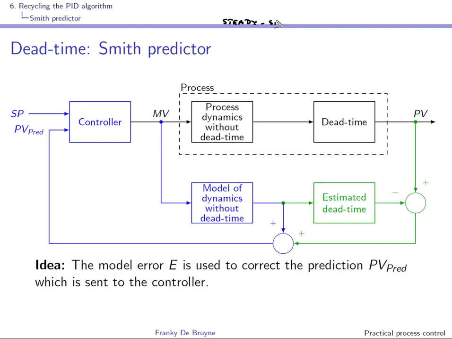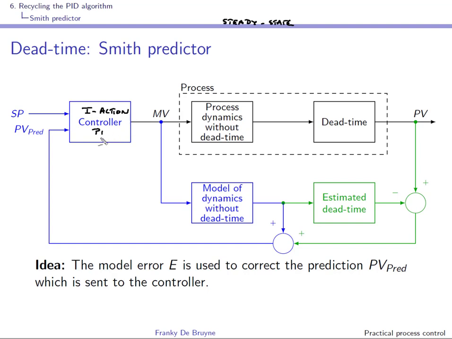Let us now have a look at the steady state situation. In steady state, what we would like is that PV is on set point, and of course what we'll assume is that we have integral action in the controller. Most often this controller will simply be a PI controller. So if we reach a steady state, this means that the closed loop system is stable, and this is of course what we'll assume.